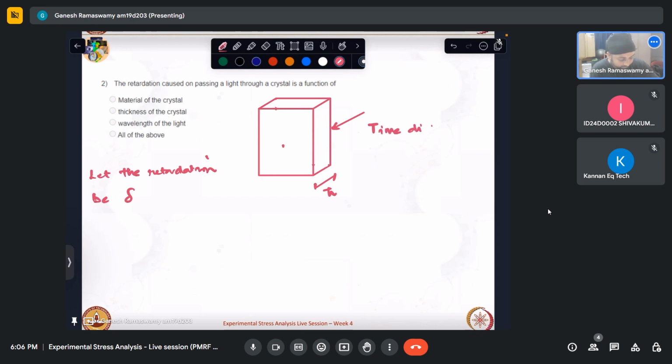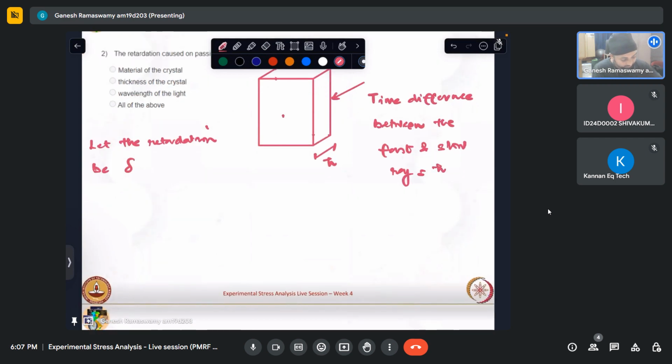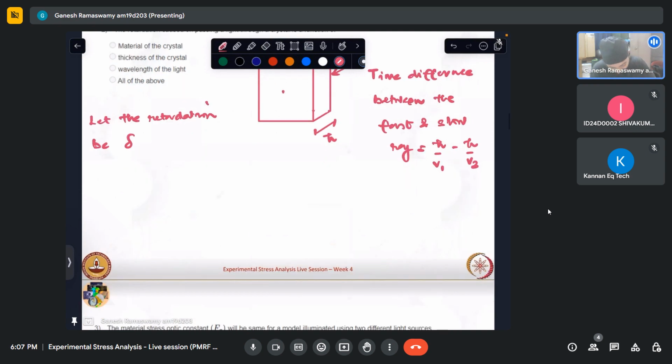Now we know that the time difference between the fast and slow ray is nothing but h by v1 minus h by v2, where v1 is the velocity of faster ray. So speed is distance by time. From that only we are getting this.